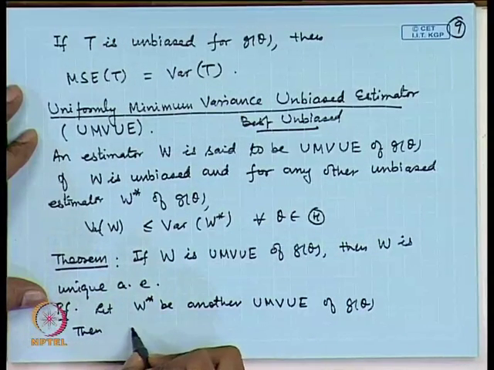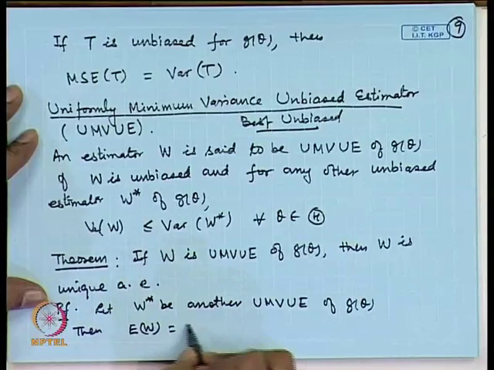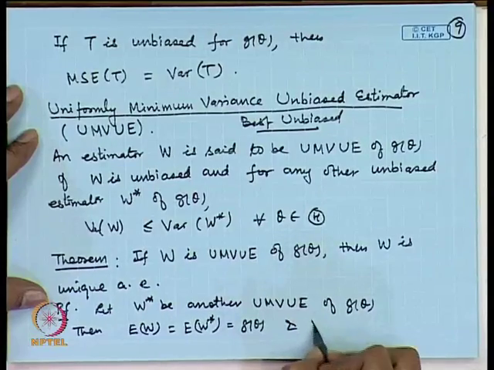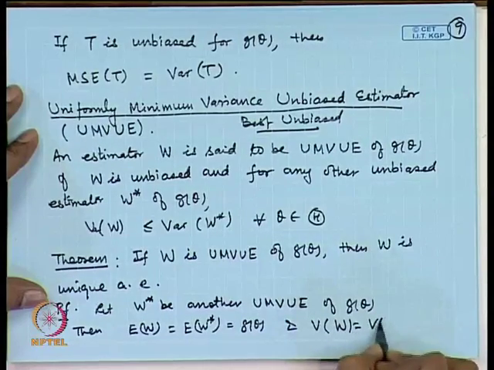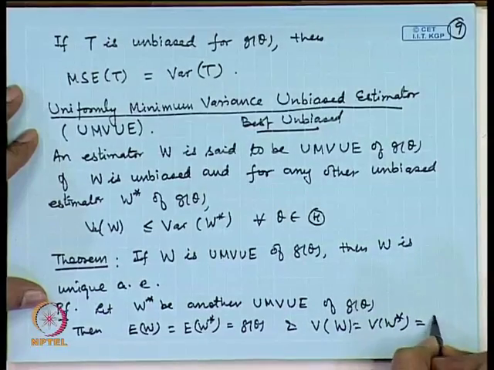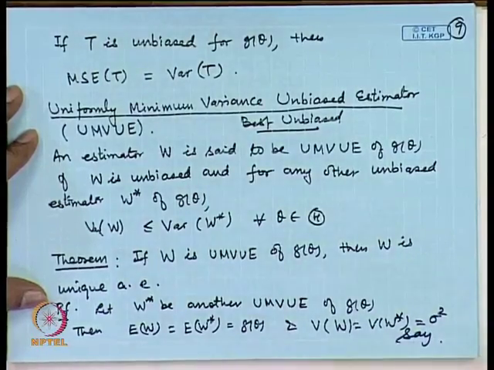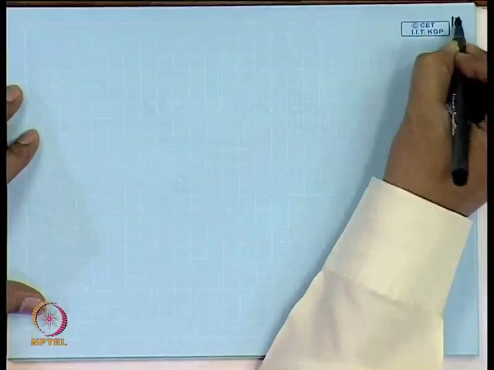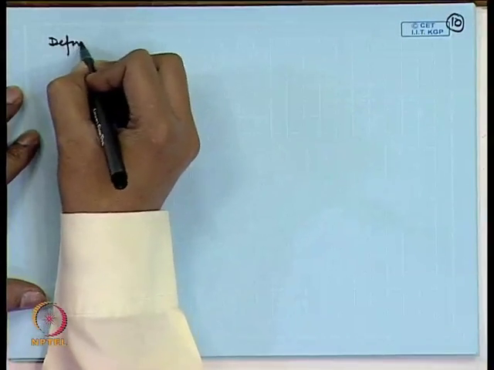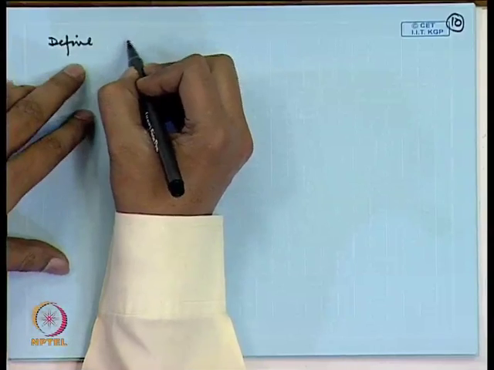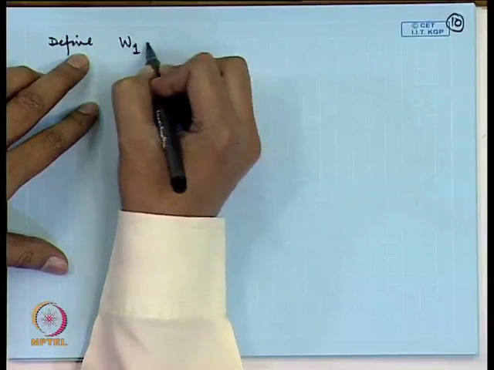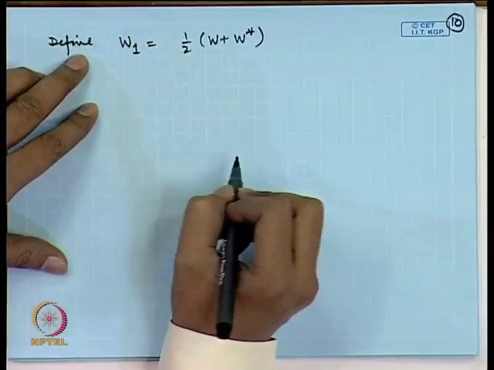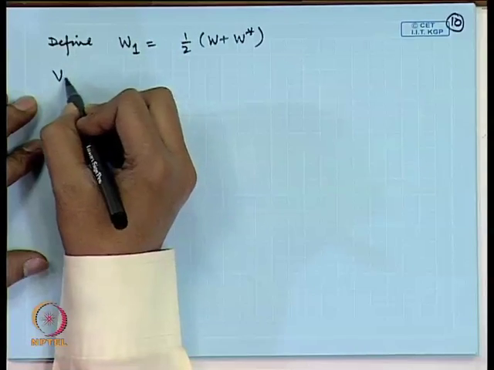Then by definition, expectation of W and expectation of W star are both the same as g theta, and variance of W and variance of W star are also the same. Let us call it sigma square. Fine. Now, let me define W 1 as half of W plus W star. Then what is the variance of W 1?